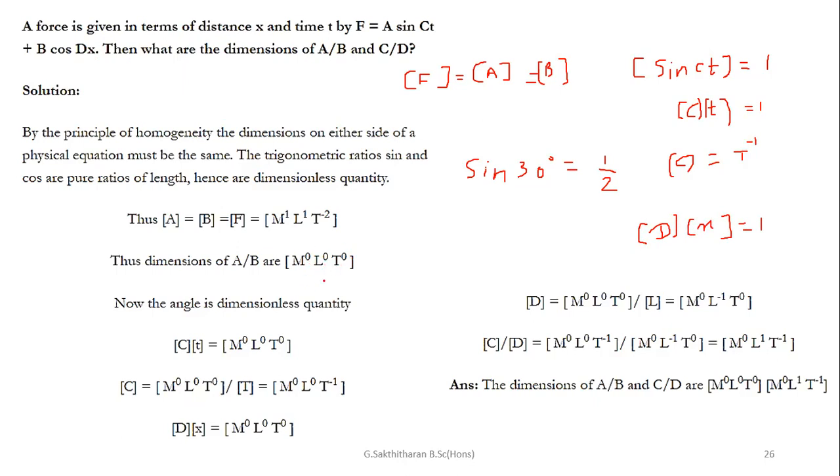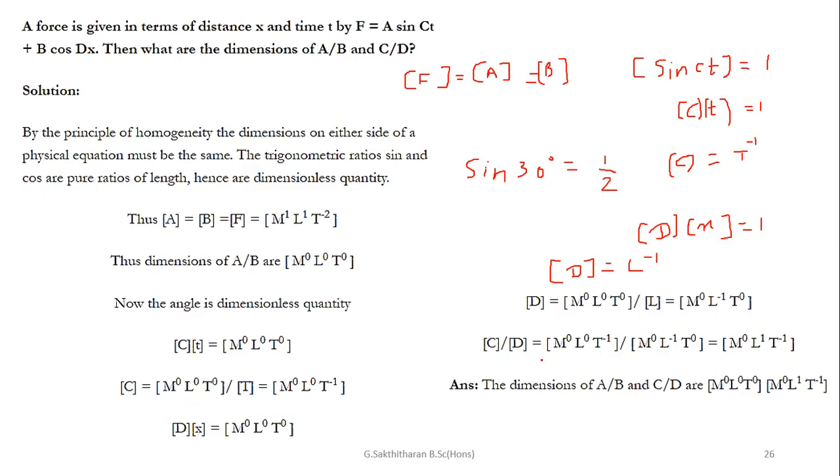So the dimensions of D is L minus 1. X is the displacement. So C over D is equal to L T minus 1.